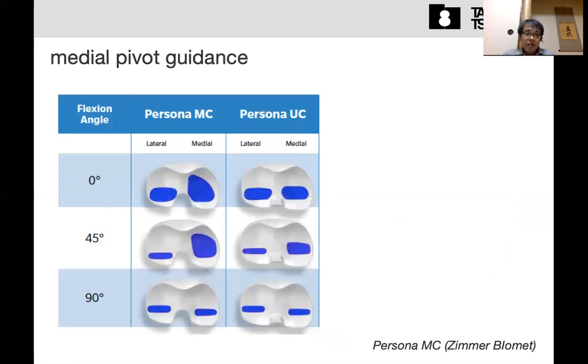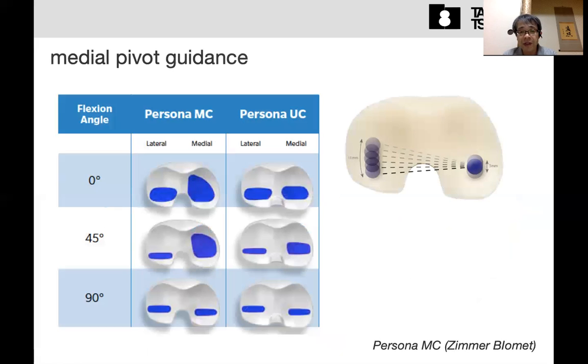This is the Persona. Persona also has the medial pivot knee. The medial configuration conformity is very high. On the other hand, the lateral side is relatively flat. So with this articulation, the shape of the polyethylene can induce the posterior movement, the posterior rollback, of the lateral side.